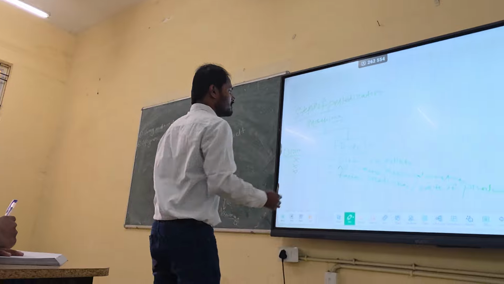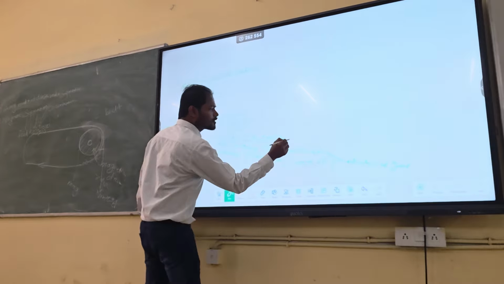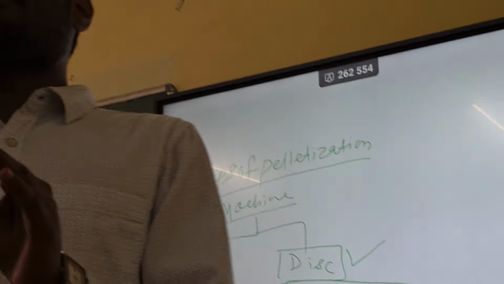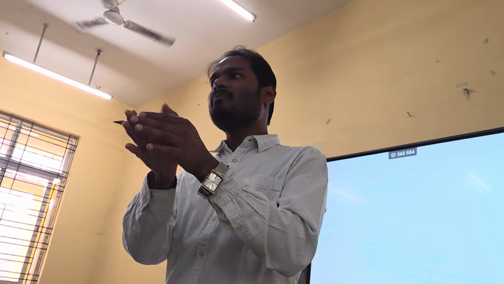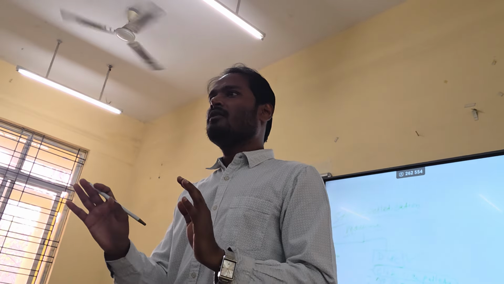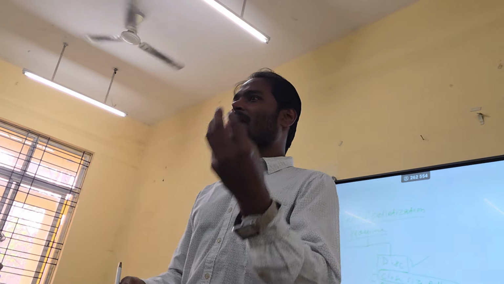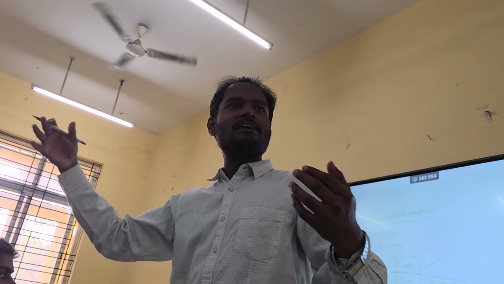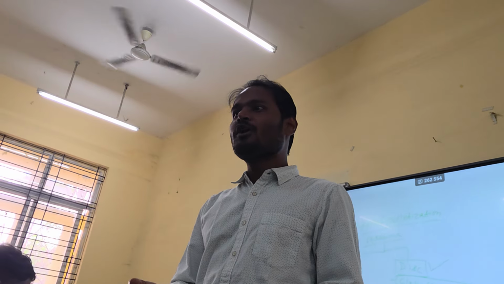Anyway, this is important. Why? Close size pellet means, suppose you are making pellets, these balls. Close size means one will be 16 mm, one will be 18 mm. That is also fine. But if you use a drum, it may be 10 mm, it may be 15, it may be 20. So different sizes will form, right? That is not good actually.